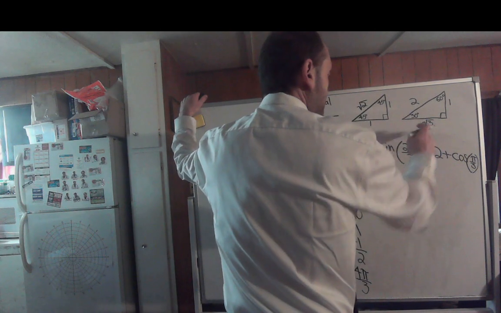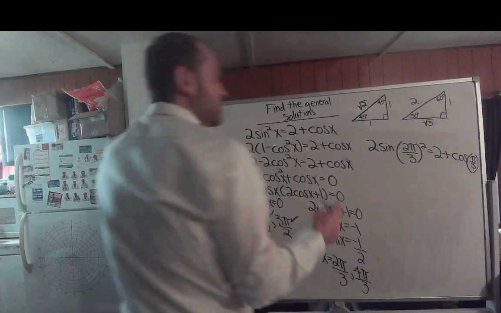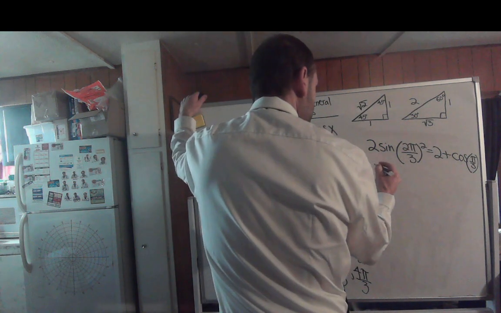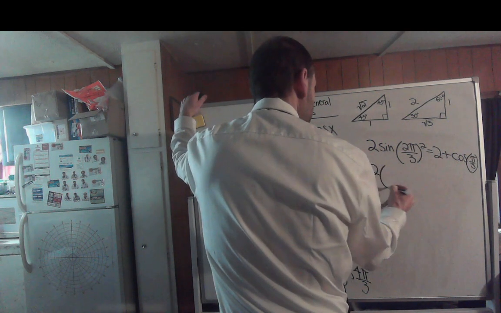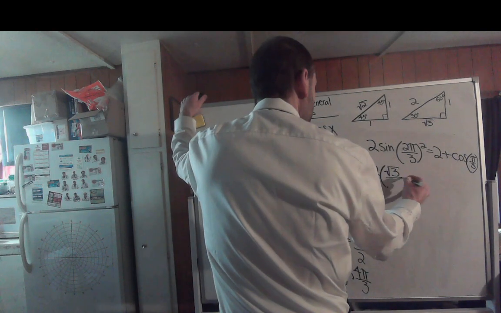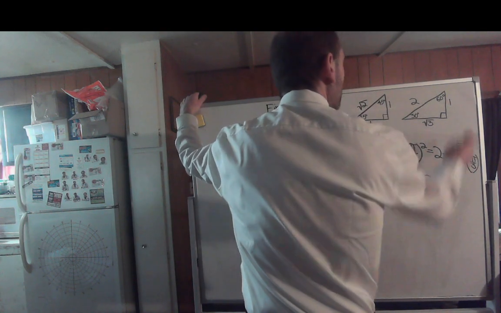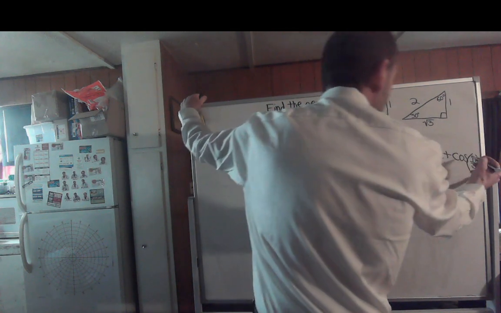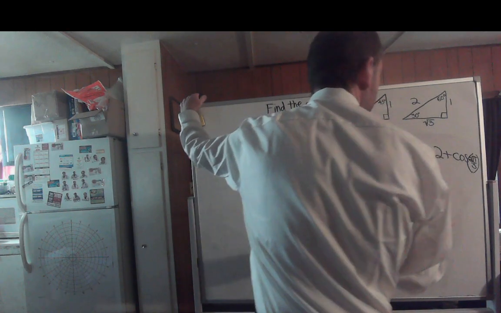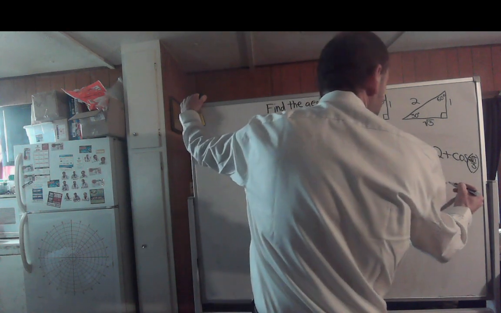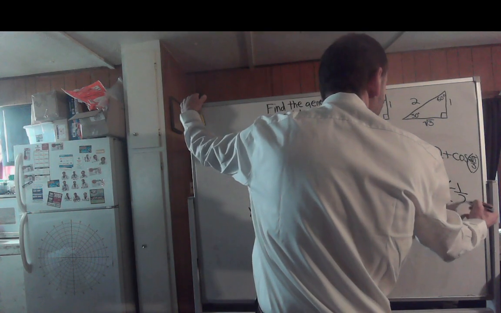So what's the sine of 60? That would be the square root of 3 over 2. So this would be 2 times the square root of 3 all over 2 squared. Would that equal 2 plus that cosine, which is actually the cosine of 2 pi over 3, 2 plus that negative 1/2? This is about to get very interesting.